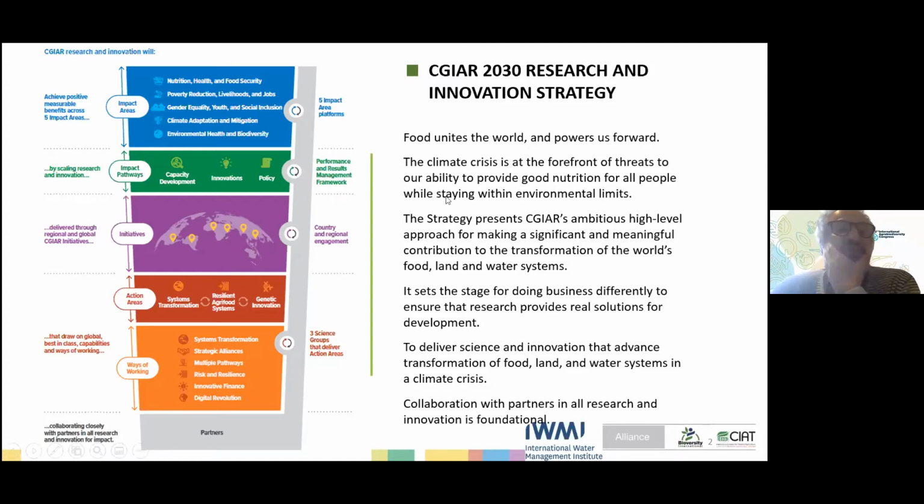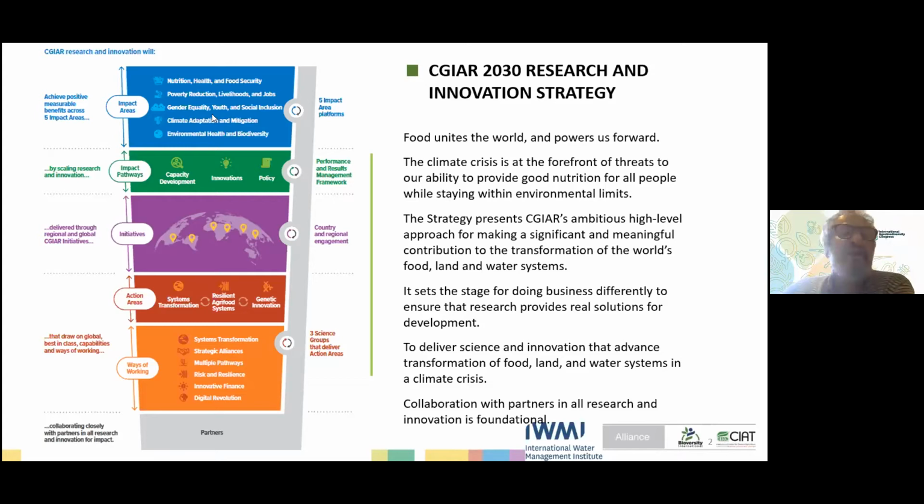So what does our research and innovation strategy aim to do? I think the picture on the left side of this slide gives a very good overview of what it aims to achieve.